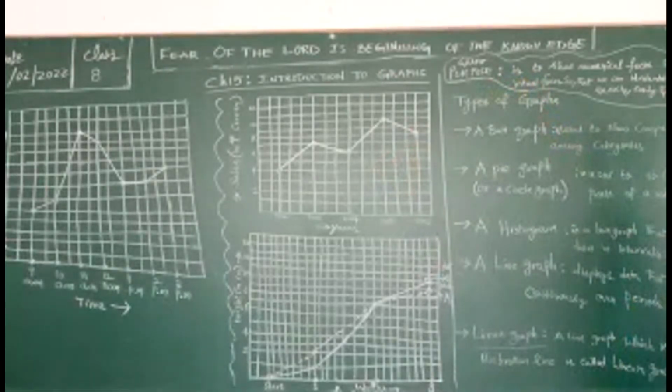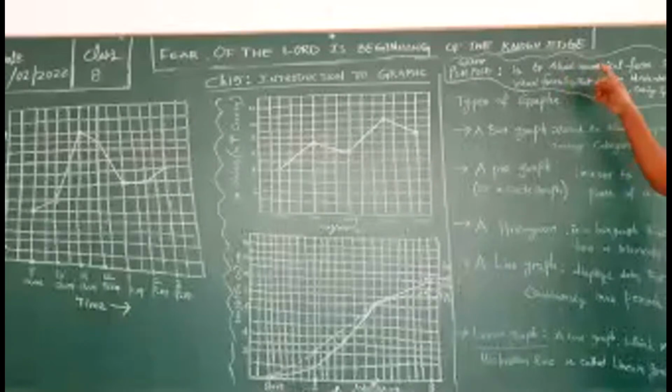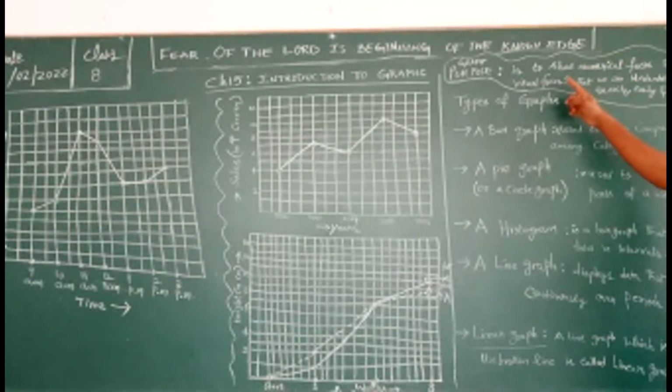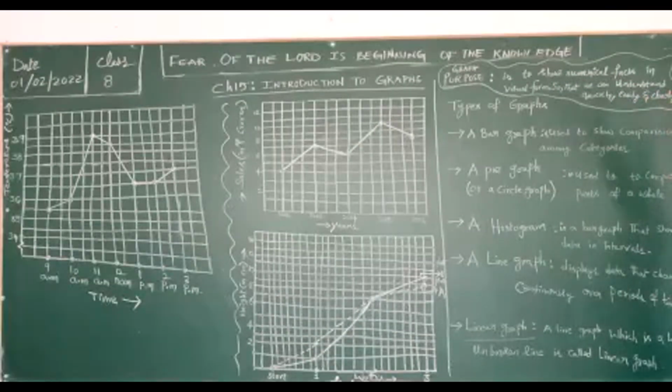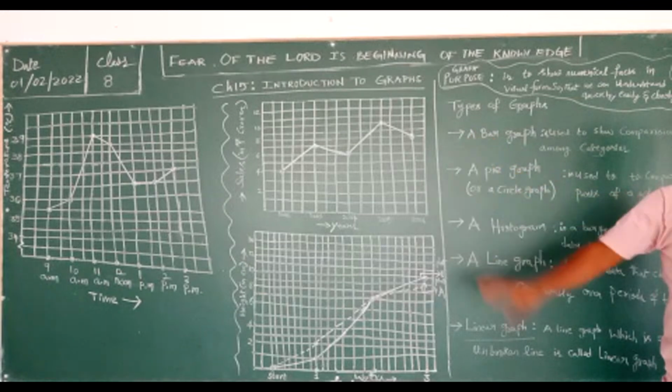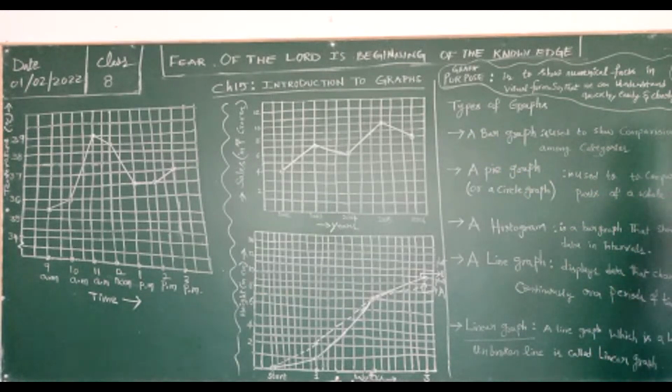What is the purpose of a graph? It is to show numerical facts in visual form so that we can understand quickly and clearly whichever data is provided. Okay, for that purpose we are going to use the graph.